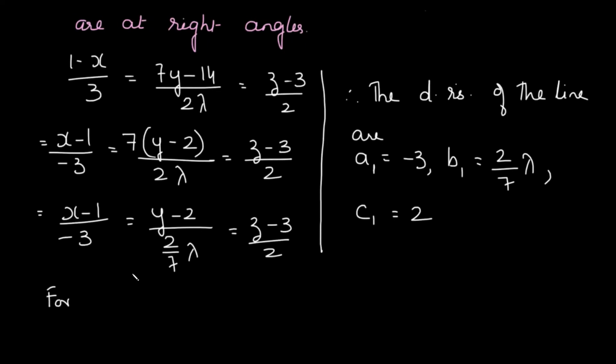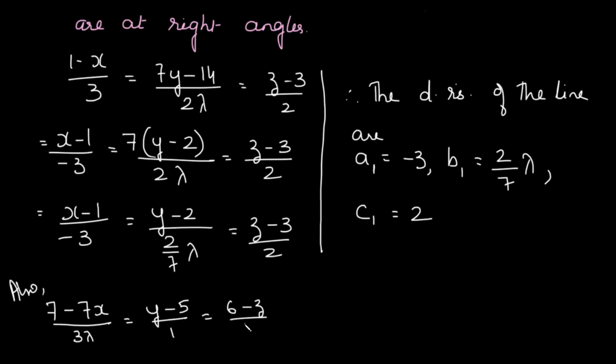And for the other line, that is the other line which is given by, in this case, (7 minus 7x) upon 3 lambda is equal to (y minus 5) upon 1, which is equal to (6 minus z) upon 5.